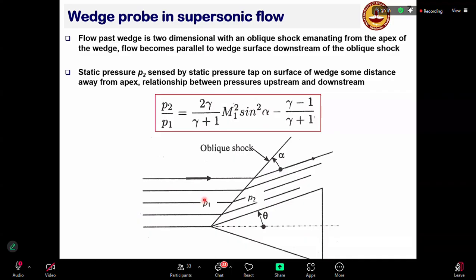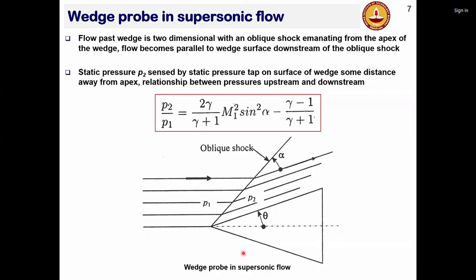So if you are dealing with such high speed over a probe, and you want to measure the pressure downstream by, let's say, creating a hole on the wedge probe, so that there is no flow in the perpendicular direction, right?